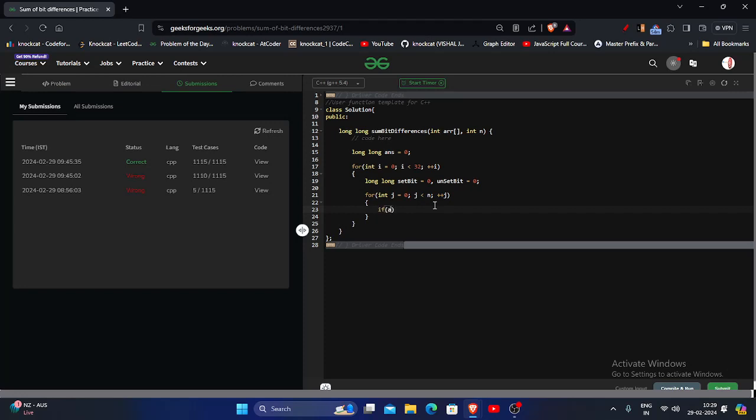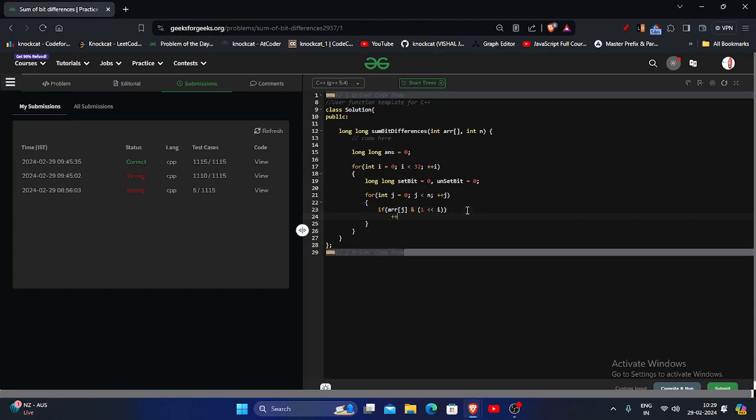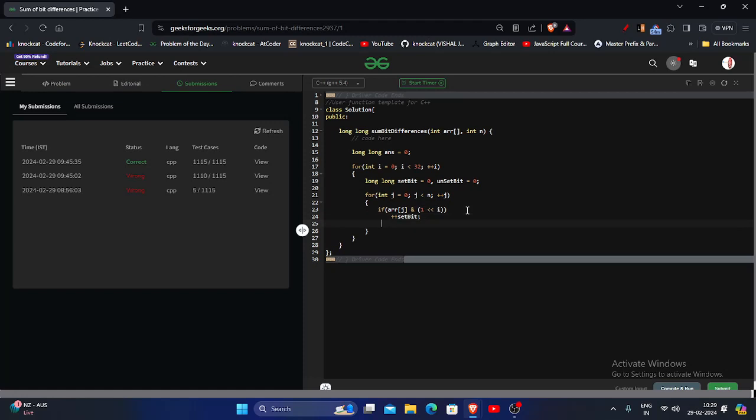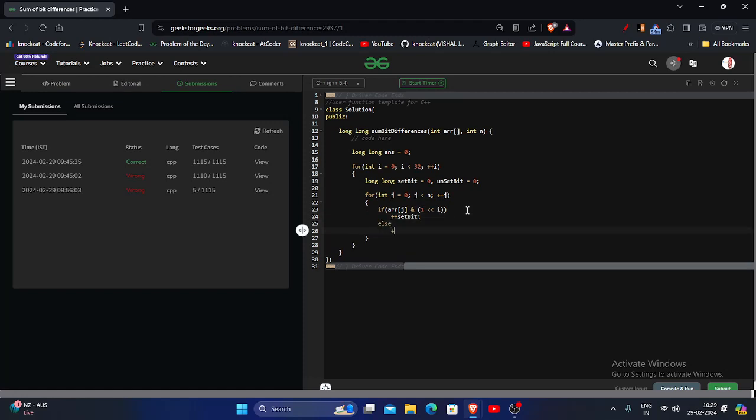How we check: if arr of j and 1 left shift by i, because I am checking for every number only its ith bit. If the ith bit is set, I will say plus plus set bit. Otherwise, I will say else plus plus unset bit.